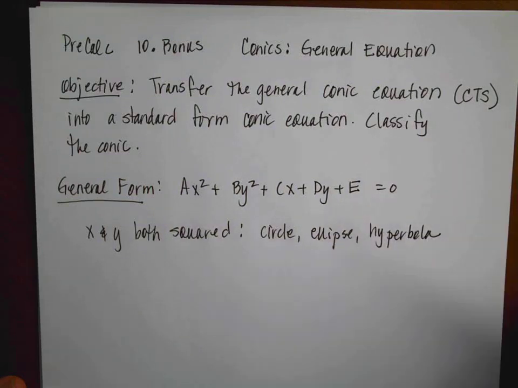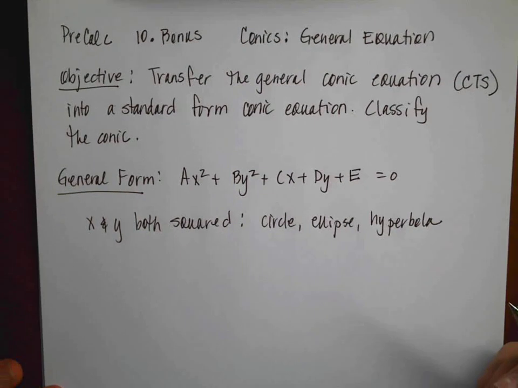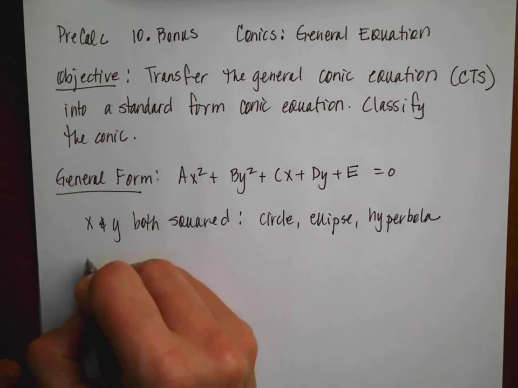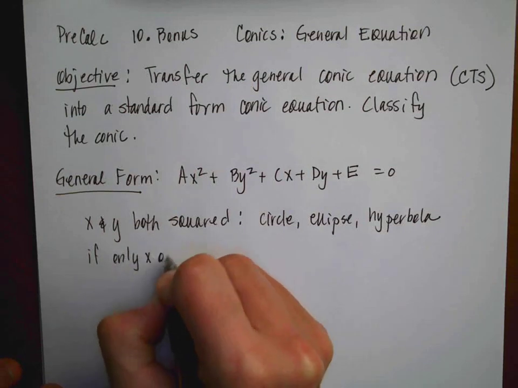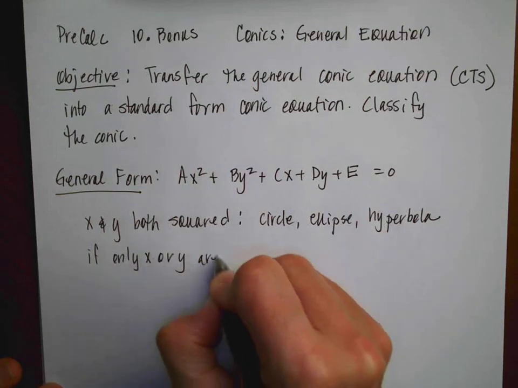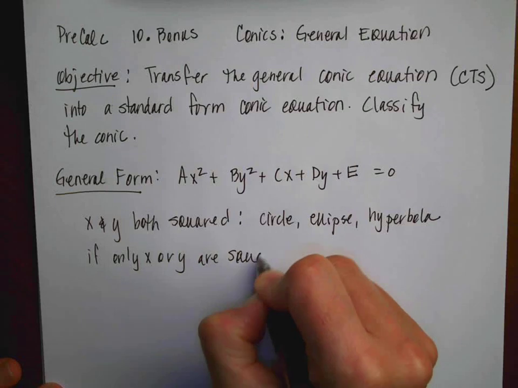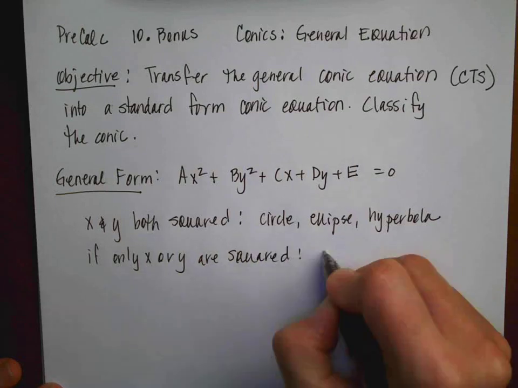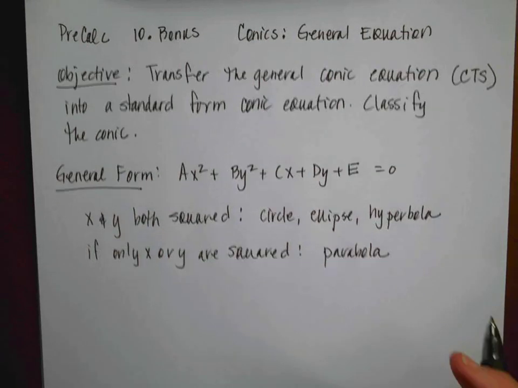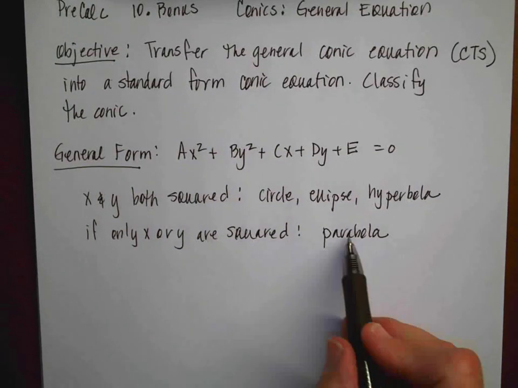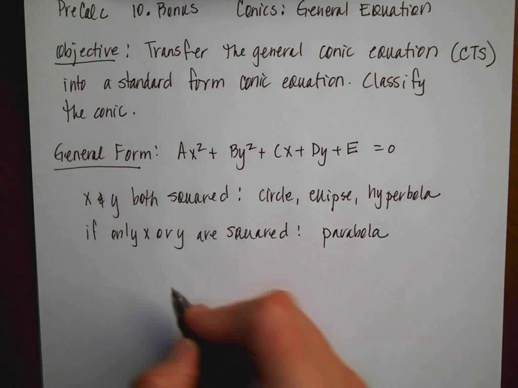And we would have to find more characteristics from the equation to determine which it is. If only x or y are squared, then it's going to be our parabolas. Okay, and then depending again on the equation, then it's going to let us determine what's happening.